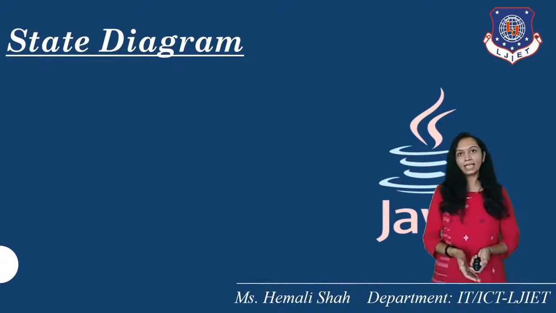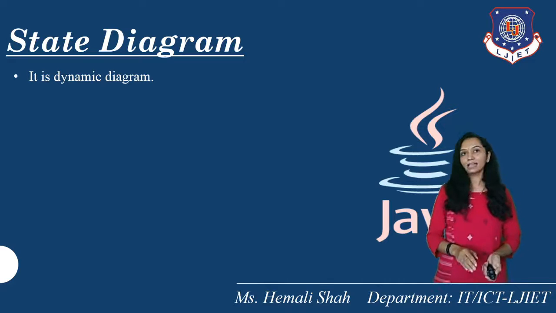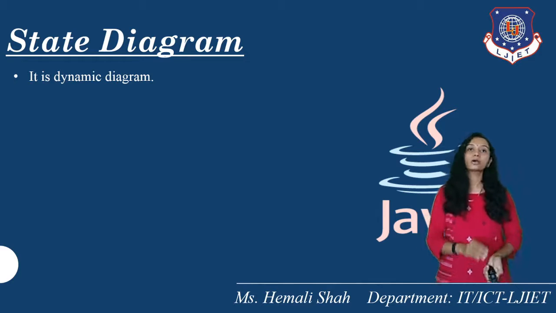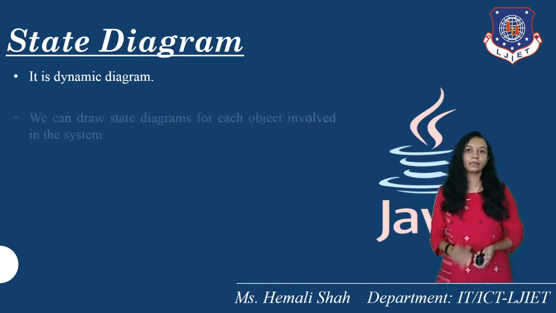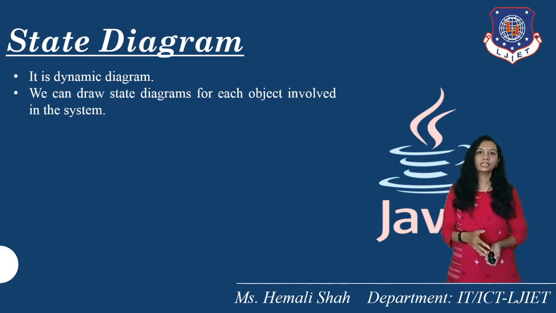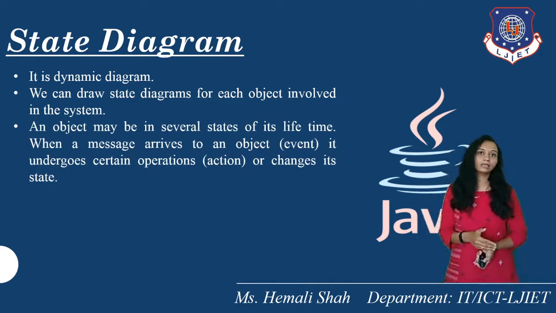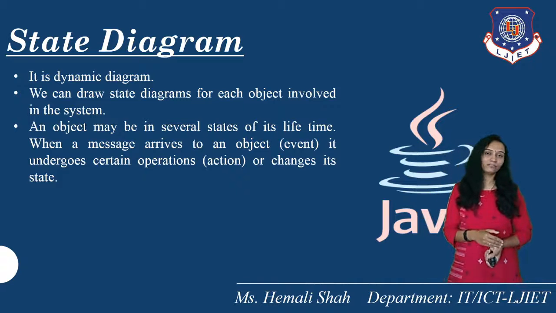Now the state diagram is basically a dynamic diagram whereas the class diagram is a static diagram. Here your whole diagram behaves based on the events that occur on your object. That's why it is a dynamic diagram. Now we can draw state diagrams for each object involved in the system, and an object may have several states in its lifetime.